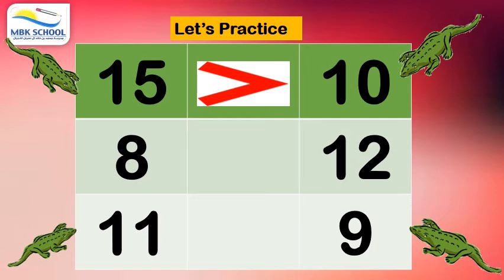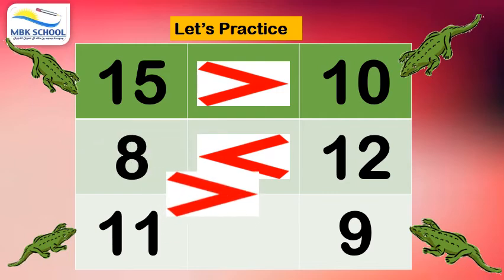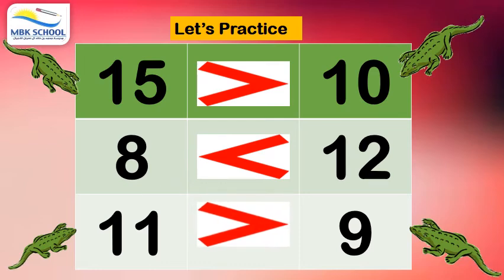So 8 and 12. So 8 is lesser than 12. 8 is less than 12. So the opening of the mouth goes to number 12. 11 and 9. 11 is greater than 9.